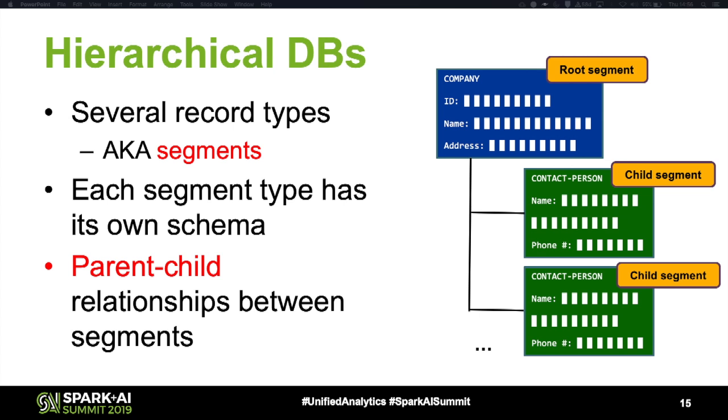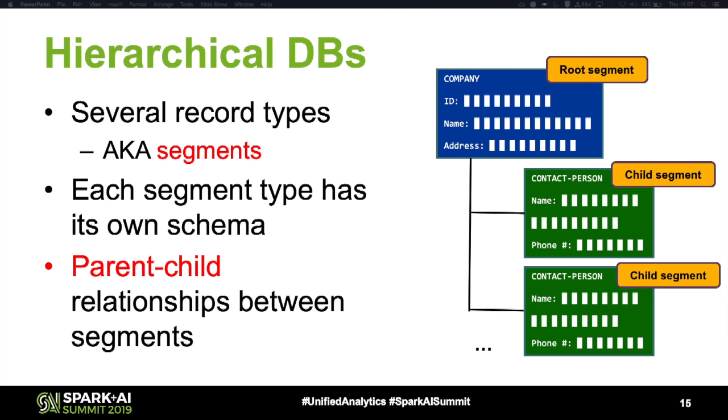So what's a hierarchical model? A hierarchical model is keeping data as a tree of entities, and each level of entities has its own schema. Like in this example, imagine we have a database of companies, and each company can have 0 or more contact people. So a company is what's called in mainframe terms a root segment or root record type, and a contact person is the child segment or child record type.